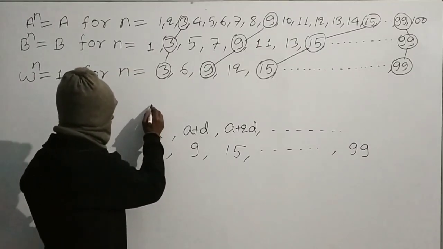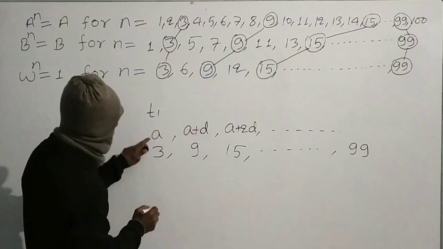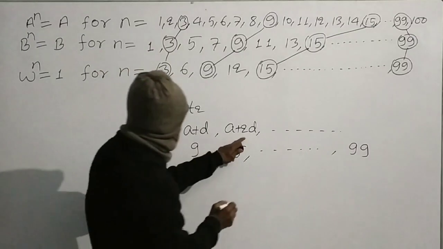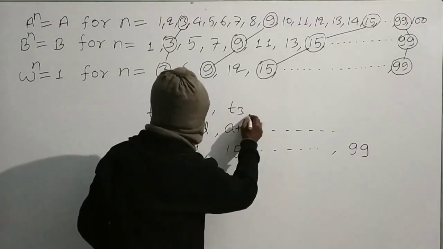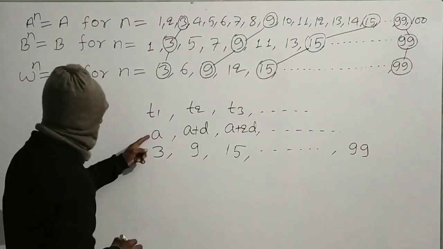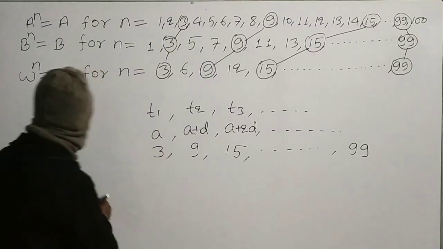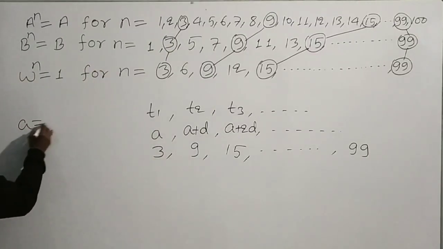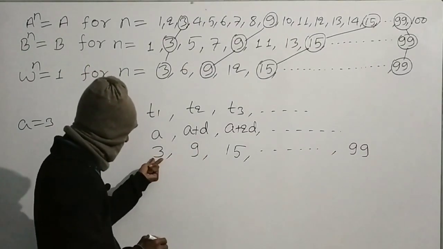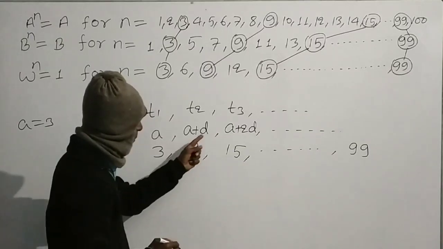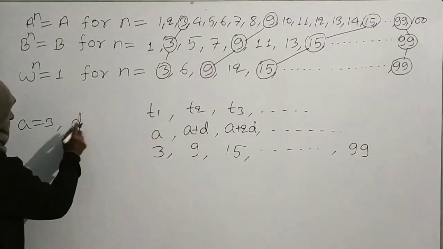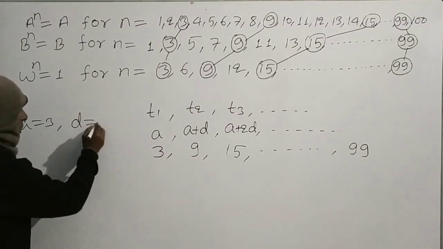We call A the first term, A plus D the second term, A plus 2D the third term, and so on. Here A is equal to 3, the first term is 3, and D is equal to 6 because we add 6 to 3 to get 9. This D is called the common difference of the AP.